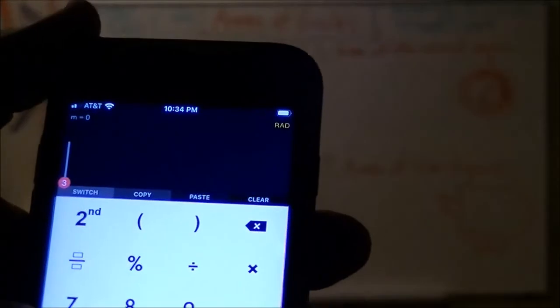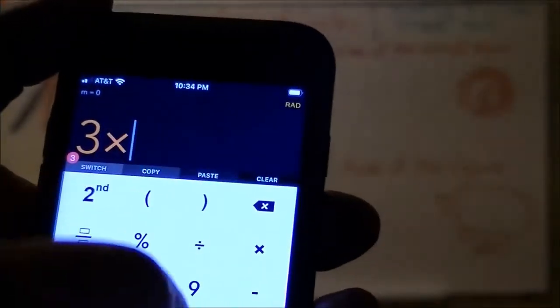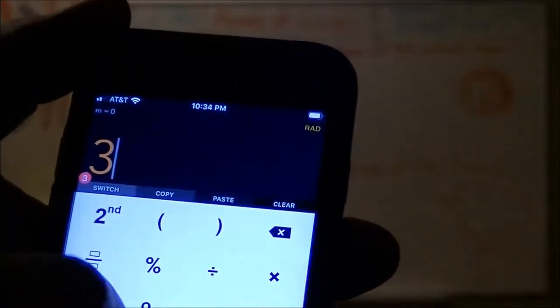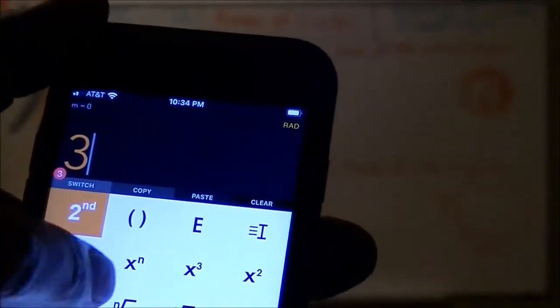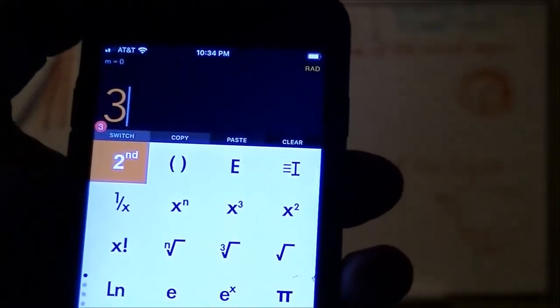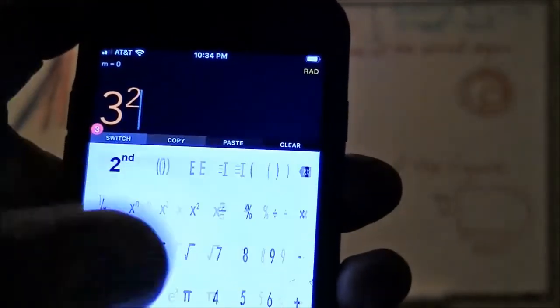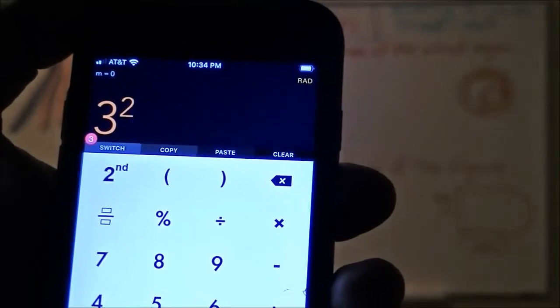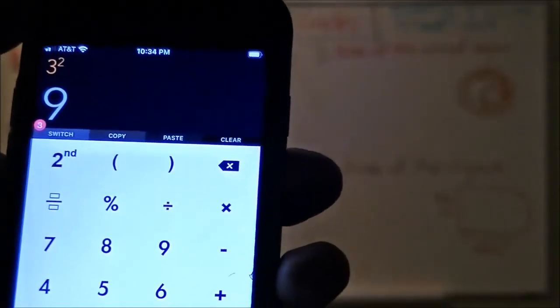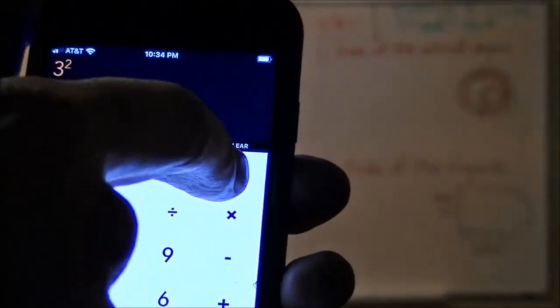So what I'm going to do is multiply 3 times 3, okay? Or let me show you the other way of doing that. On my calculator, 3, and see this x squared button? I can hit that and see it makes it 3 squared, which is 3 times 3, which is 9, okay?